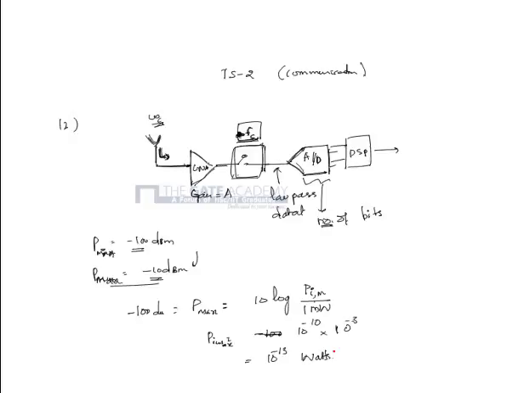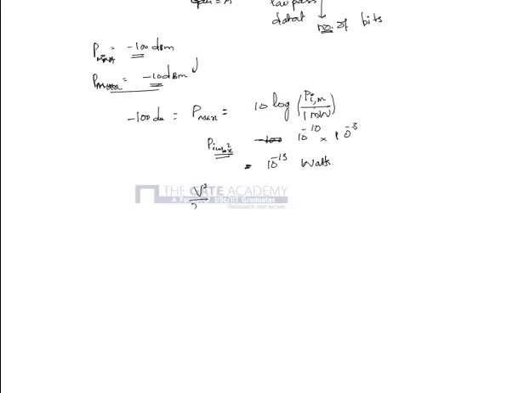Now there is a small assumption in this problem that the LNA input impedance is usually taken to be 50 ohms. Hence when you find the power of the signal, the actual voltage signal that is applied to this point is V square. If we apply a sinusoidal signal at this point, then the power of the signal is given by V max square by 2R, which is equal to 10 raised to the power minus 13.